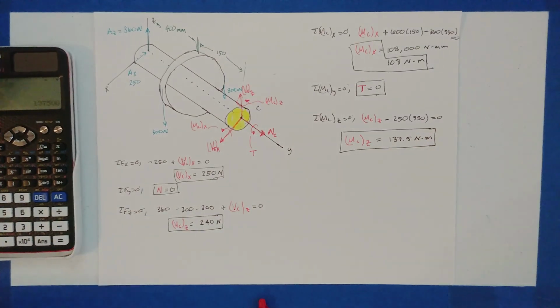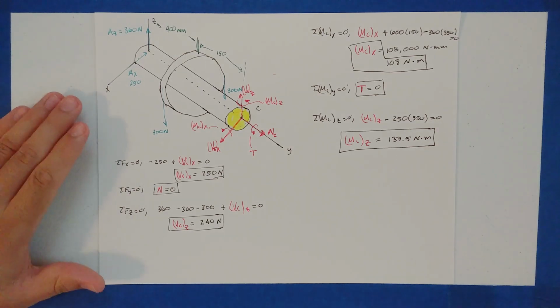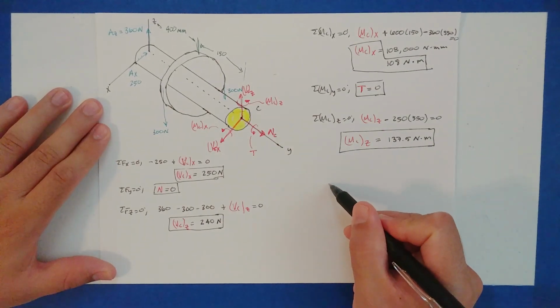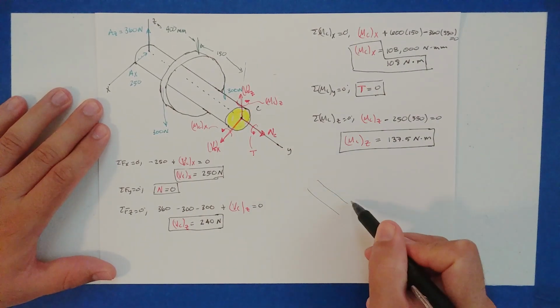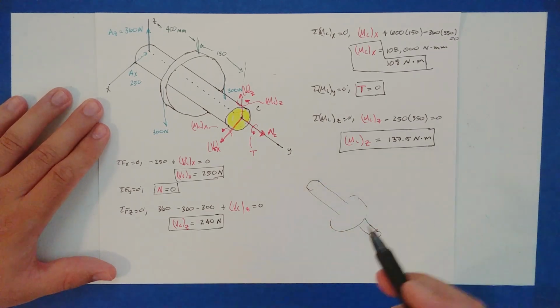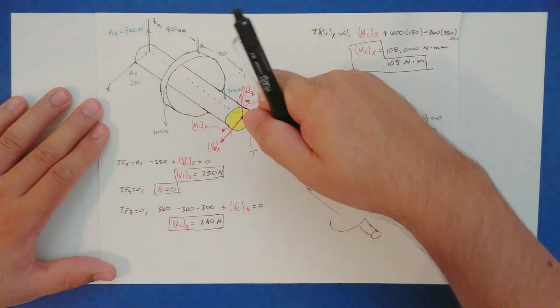Okay, so we're done. We got all the internal loads at point C. Here is just a tip. If you wanted to, you could have looked at the other half of this shaft over here, like so. And so the cut would be on this same C, right? But it would be the hidden edge.